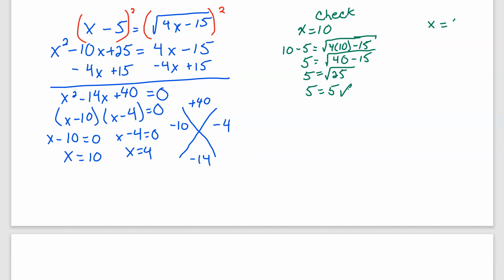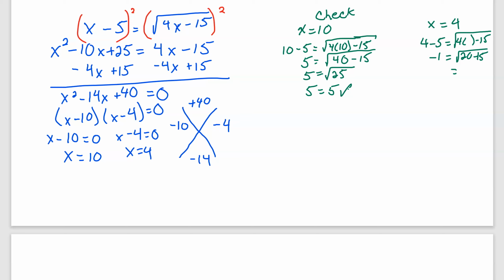We do still need to check the 4 because sometimes both solutions will work. 4 minus 5 is equal to the square root of 4 times 4 minus 15. So this would give me a negative 1 is equal to the square root of 20 minus 5. I'm sorry, minus 15. And I do not know why I put a 5 there.